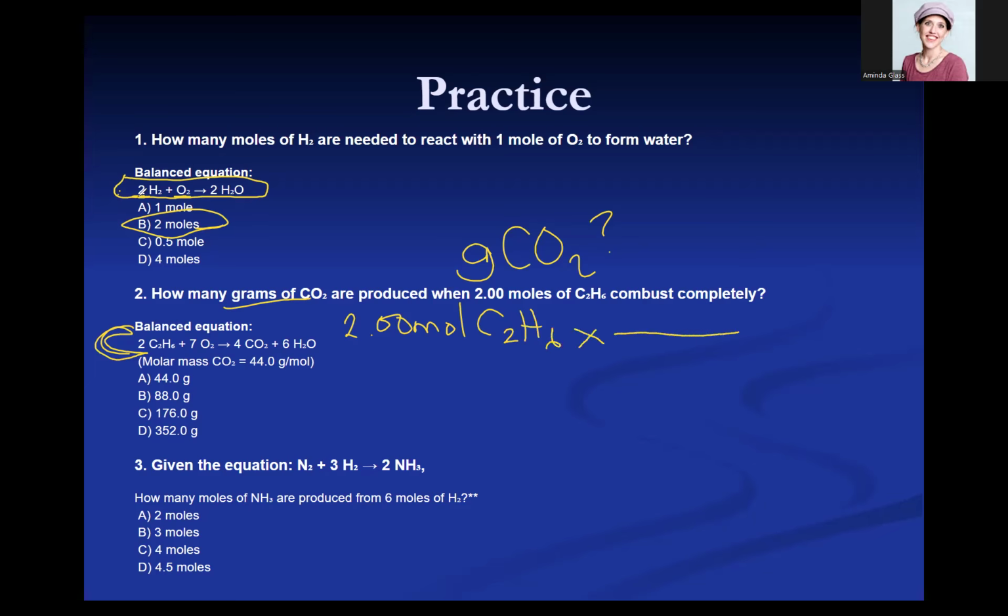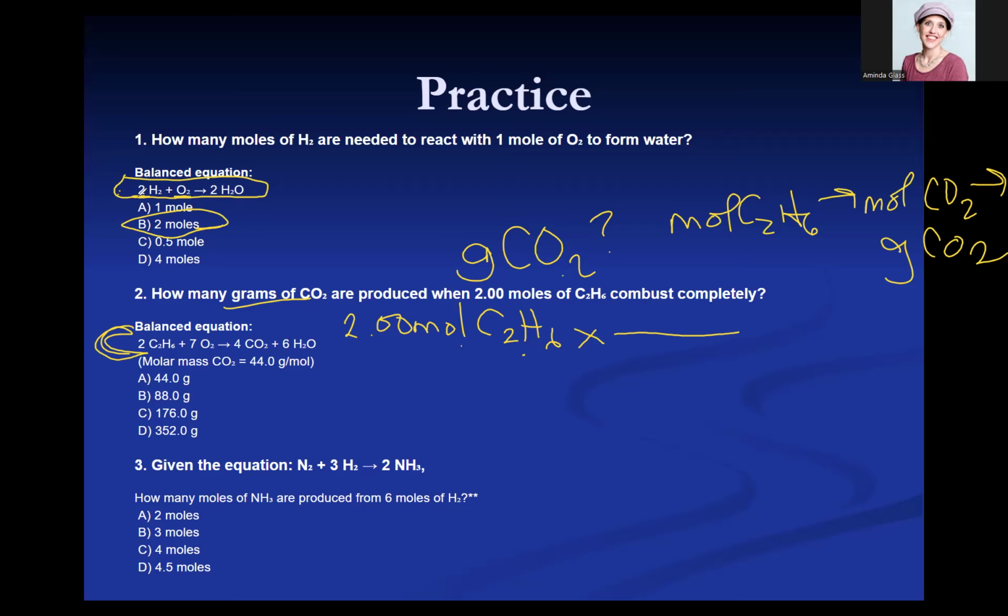We want to go from moles of C2H6 to grams of CO2. We can't do that straight. I'm just building a road map here. We have to go first from moles of C2H6 to moles of CO2 using the balanced equation. And then using the periodic table, we can go to the grams of CO2.